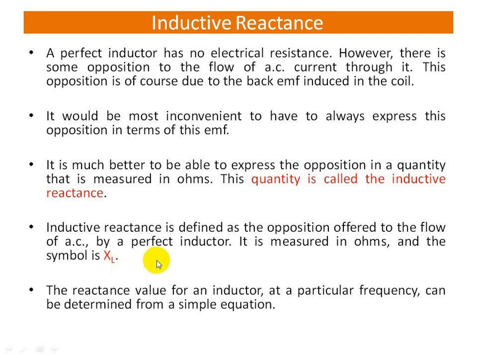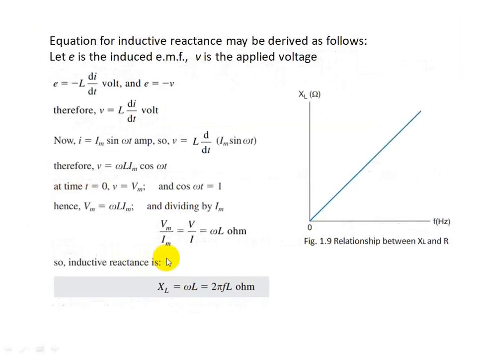So let us see the expression for XL. The XL expression is XL equal to omega L, where omega is angular frequency in radians per second, which will be 2 pi f, into L. So let us see how to get this equation.